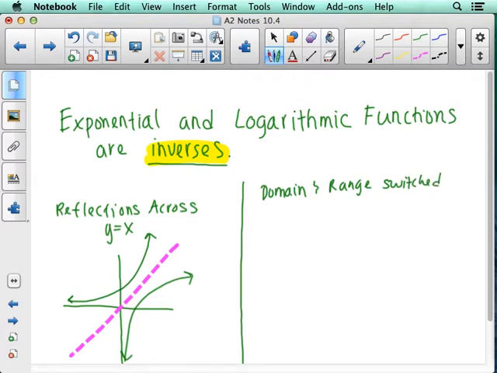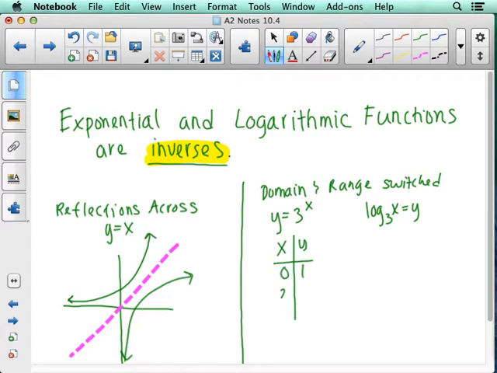So for example, let's say we have y equals 3 to the x, and we have log base 3 of x equals y. We make a chart, x, y, and let's say we start out with x equals 0, 3 to the power of 0 is 1.